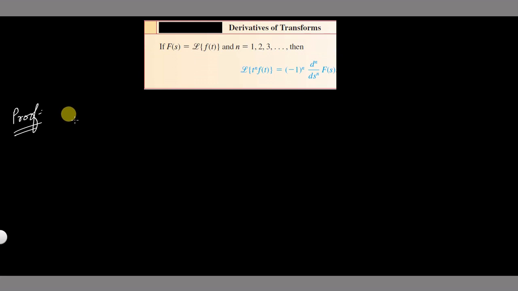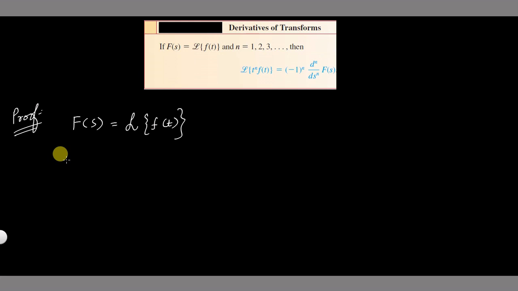For instance, we have F of s is equal to Laplace transform of f of t. This is actually given in the theorem, and we have to prove this one. And how we will prove this? Just by taking the derivative with respect to s.